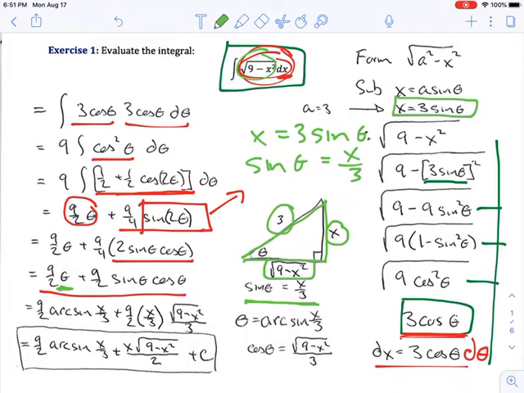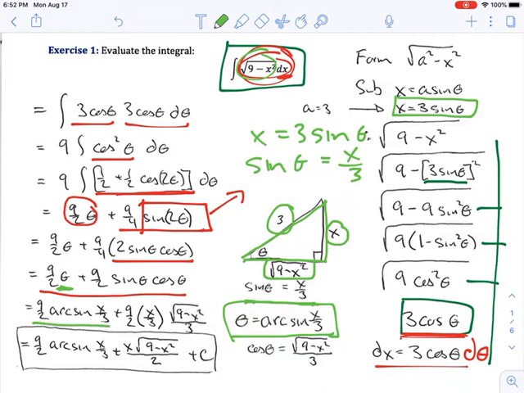In this case, it would be the arc sine. So the sine of theta is x over 3, then theta is defined as being the arc sine of x over 3. That's just a basic trigonometric identity that you learned either in trigonometry class or pre-calculus. So that's where this comes from.